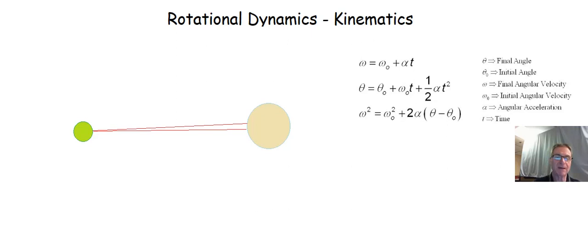The first problem we're going to do may not even seem like a rotational dynamics problem at all. Over here we have the Earth, and over here we have the Moon.